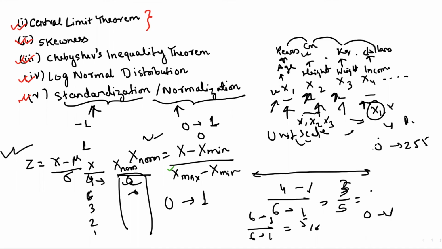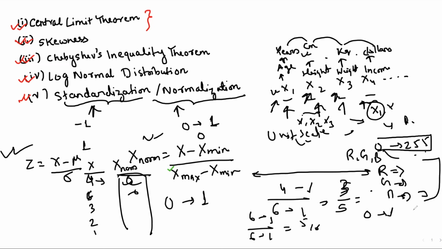All our colors like RGB fall in this range. If you have an R value within this range, a G value within this range, and a B value within this range, you can define a color. Any color can be defined with these three values.